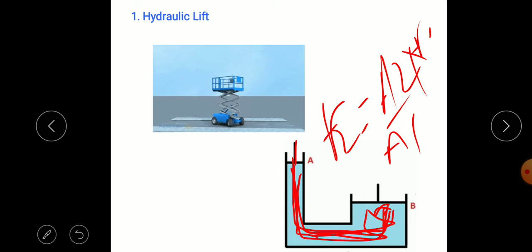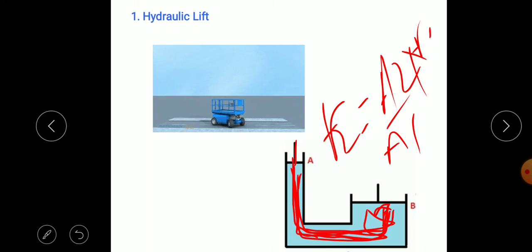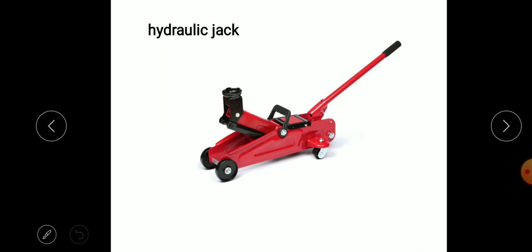So we can apply a smaller force and get a greater force at the larger cylinder. Second, we use hydraulic jacks in motor cars to lift the vehicle to replace a punctured tire.